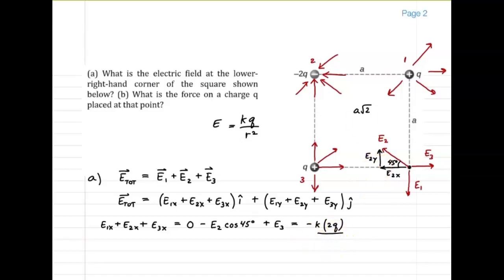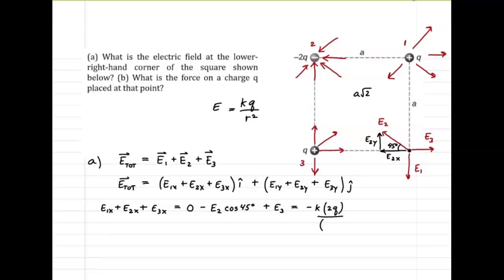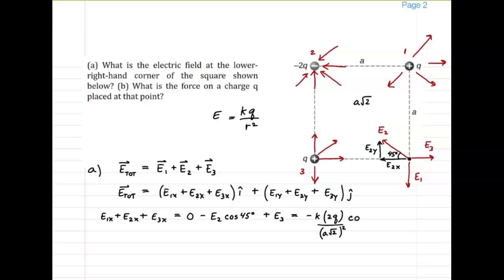And that's what we'll put down into this denominator. A root 2, the whole thing squared. And then cosine 45 degrees. And then for E3, the charge is just positive Q. So KQ over the distance squared, which in this case would be A squared.